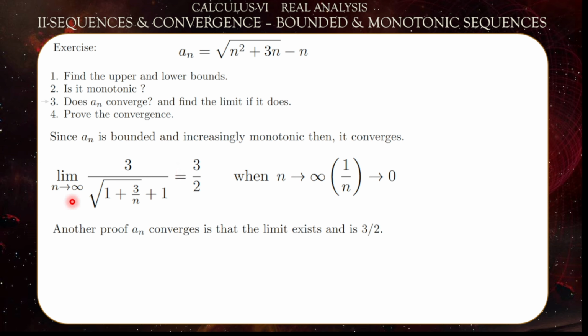Limit of a_n as n approaches infinity is equal to the limit of 3 divided by square root of 1 plus 3 divided by n, plus 1, equals 3 divided by 2, because 3 divided by n approaches 0 as n approaches infinity. Another proof that a_n converges is that the limit exists and it is equal to 3 divided by 2, which means it is a finite number.